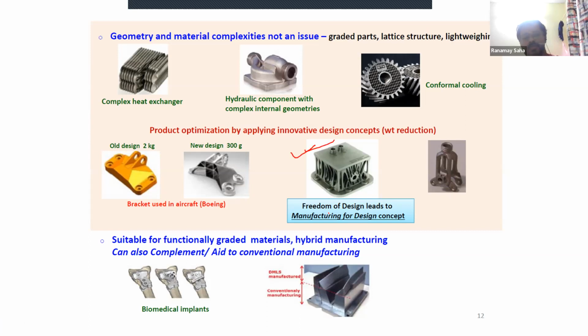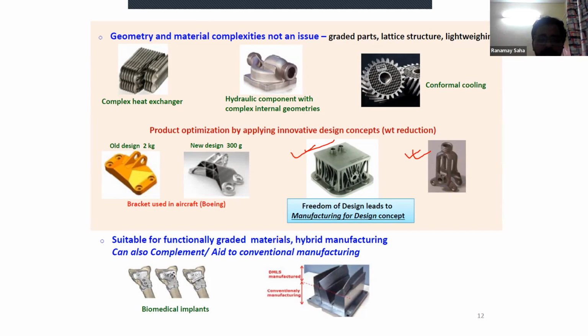That is actually called freedom of design, and it leads to the manufacturing for design concept. In all these cases, you can see there's a lot of material reduction. You only use the amount you need, or you can reduce the weight and the material wastage. So you can suitably use them for functionally graded materials.